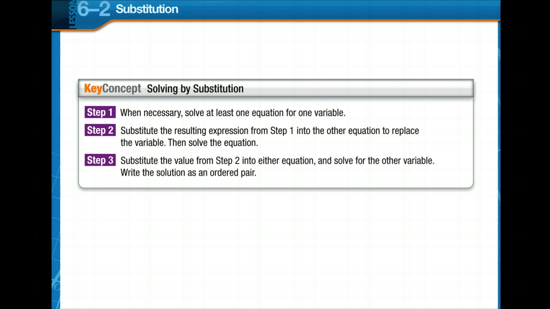Then we solve the equation. And then when we get that done, step three will be to substitute the value from step two into the other equation, or either equation, and solve for the other variable. We will write the solution as an ordered pair. That's very important. So when you give me your answer, your solution to the system of equations, write it as an ordered pair.